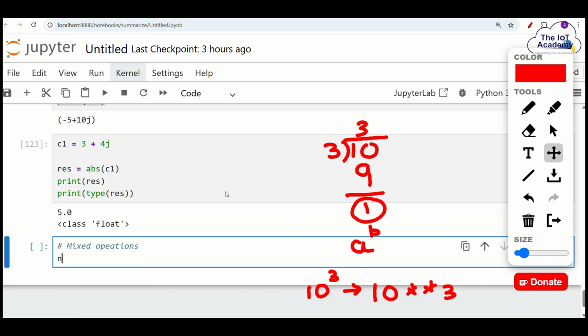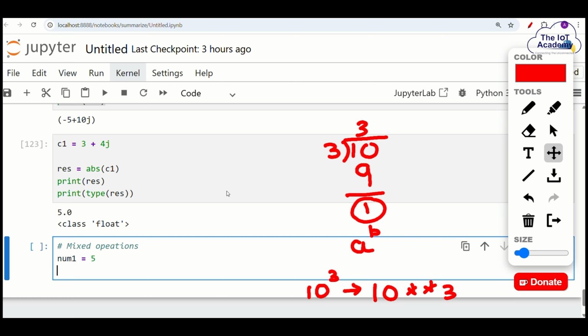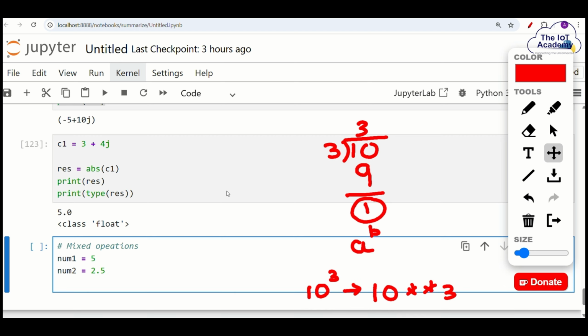Let's say you have num1 equal to 5. What kind of variable is that? It's an int because there is no decimal. Let's say your num2 equal to 2.5, right? Let's have another variable, num3 equal to 1 plus 3j.